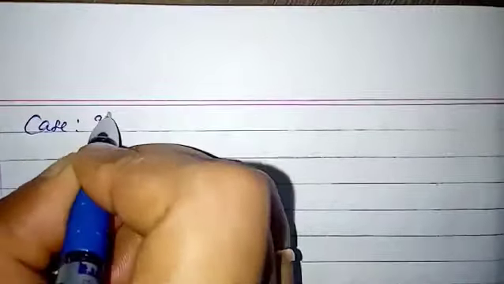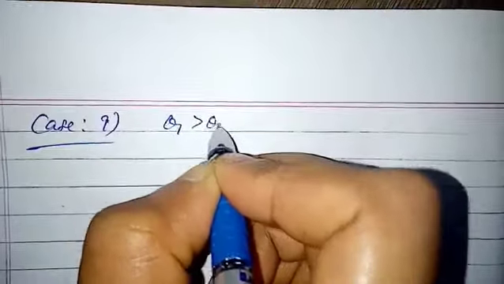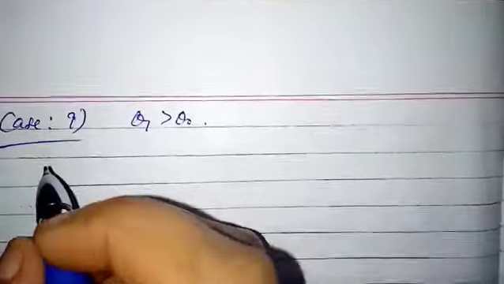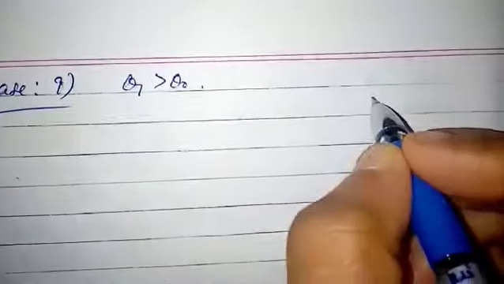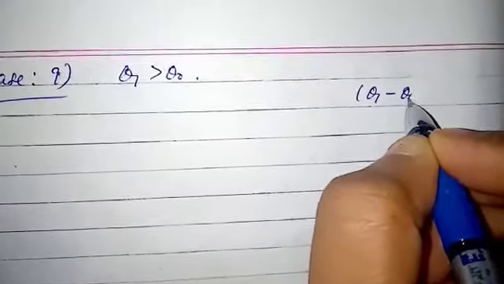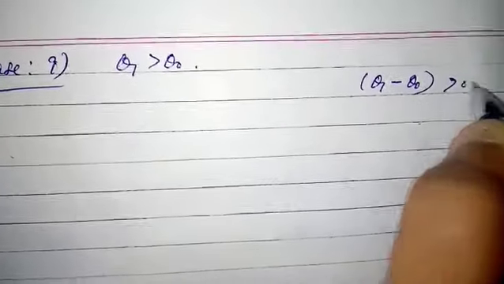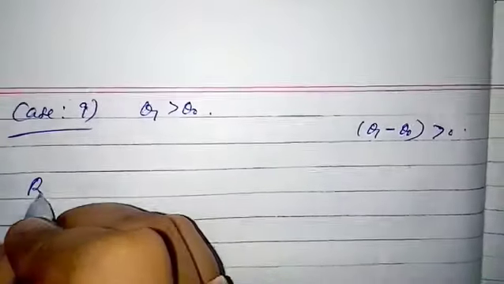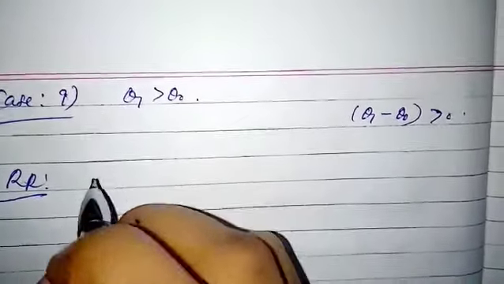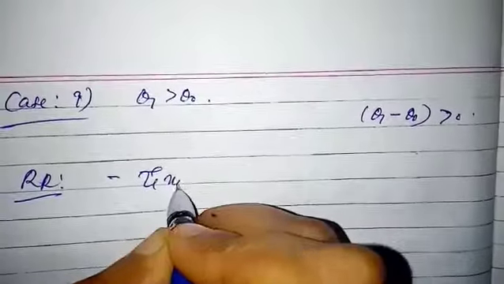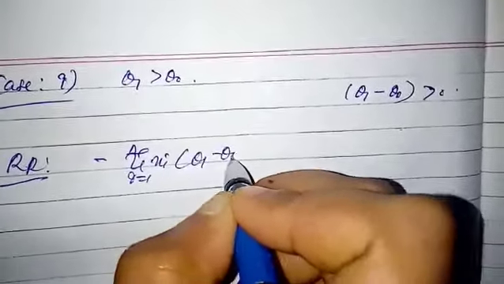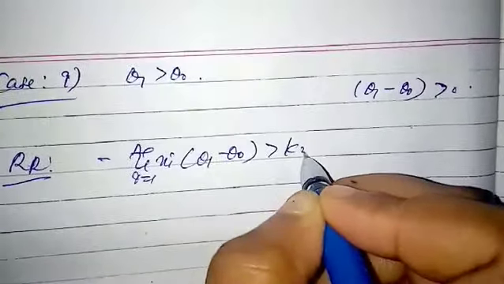Here in case 1, theta 1 is greater than theta naught, right? Then theta 1 minus theta naught is greater than 0. In the rejection region we have the term minus summation xi, i from 1 to n, times theta 1 minus theta naught, greater than k3, right?